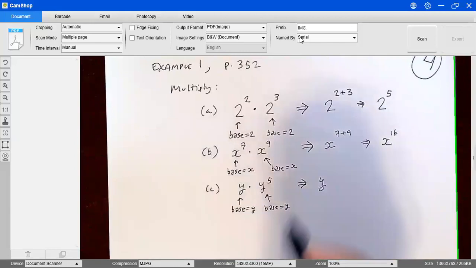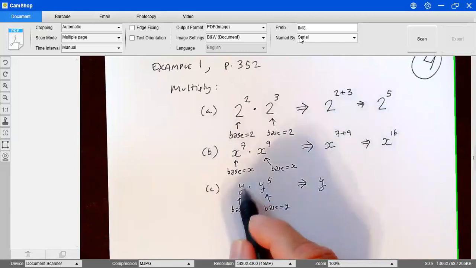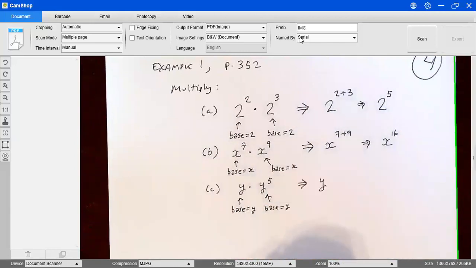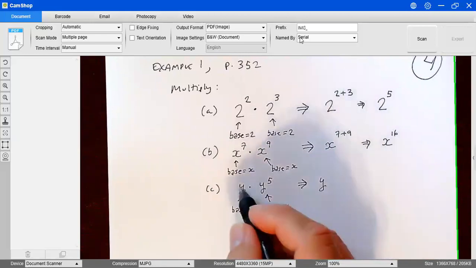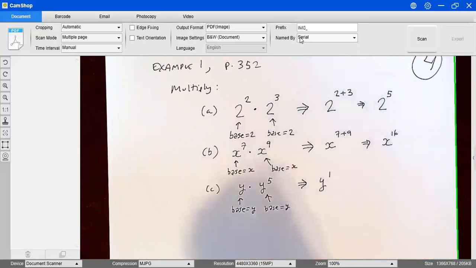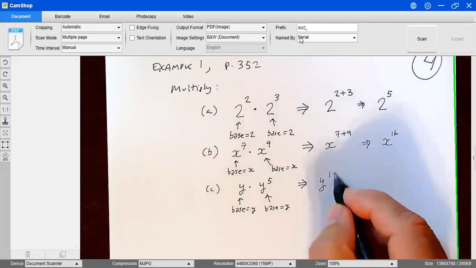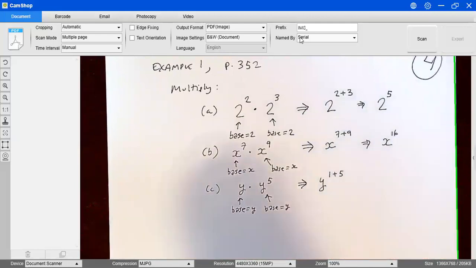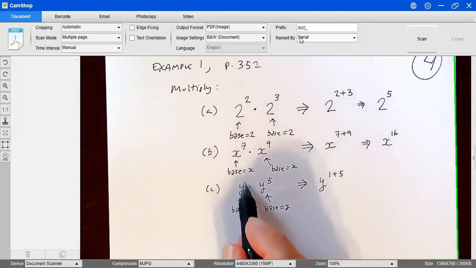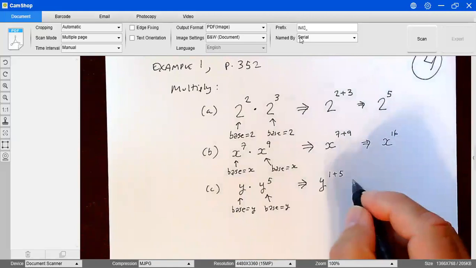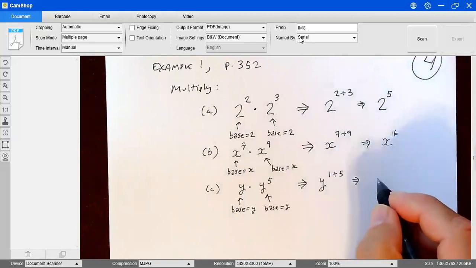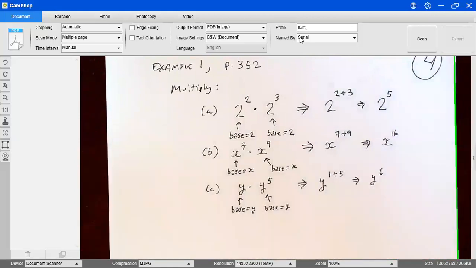And now we're going to add the exponents. So what is the exponent of the first factor? The exponent of this y is just 1. And the exponent of the second one is 5. So don't forget, if you don't have the exponent explicitly written here, you need to remember that it's 1. So finally, the answer is going to be y to the 6th power.